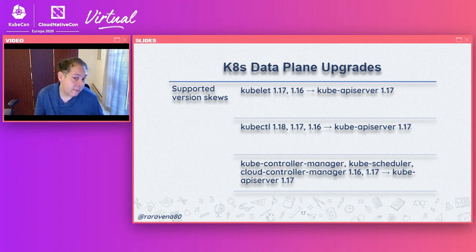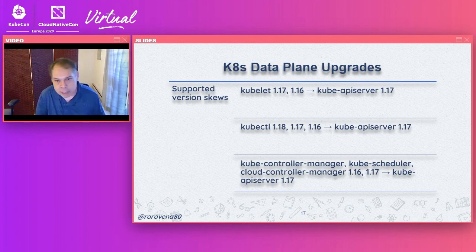But if you have something like a kubelet 1.14 or 1.15, you also have these problems. It's more about predictability. That's why it's recommended to have these versions all together. But some people decide not to do it. But if you do, you have to be careful of watching for these version skews.